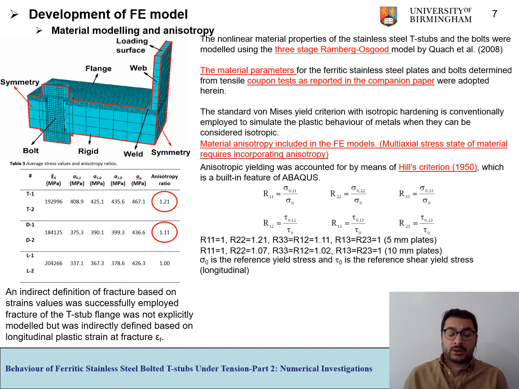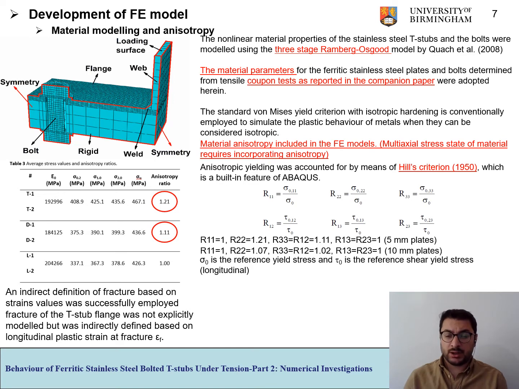For the material modeling and anisotropy, the nonlinear material properties of the stainless steel T-stubs and bolts were modeled using the three-stage Ramberg-Osgood model, and the material properties are adopted from the companion paper. The standard von Mises yield criterion with isotropic hardening is conventionally employed to simulate the plastic behavior of metals when they can be considered isotropic.